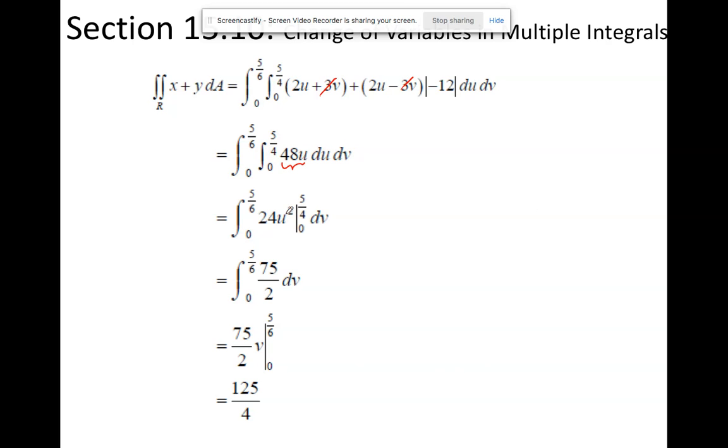Integrate 48u, I get 24u squared, evaluated at 0 and 5/4. That left me with 75 over 2 dv. Integrate 75 over 2 dv, and I get 75 halves v, evaluated at 5/6 and 0. And I got 125 over 4 when I was done. Woohoo!